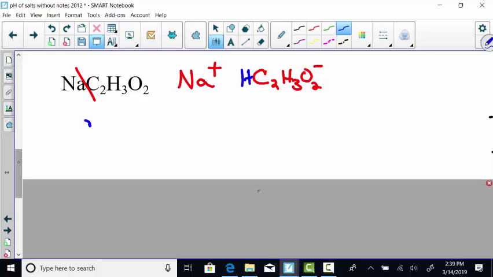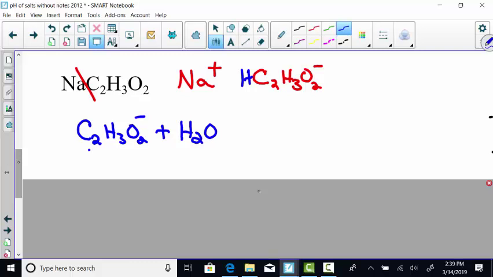So the C2H3O2, the acetate ion, where is the only place it could steal a hydrogen from? The only place it can steal a hydrogen from is from a water molecule.